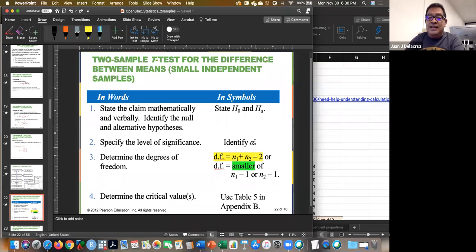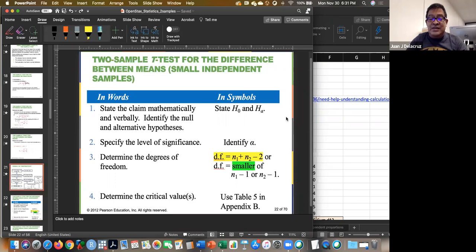We need to know the level of significance, 5%, 10%, 1%, and we have to make sure that we know how to compute those degrees of freedom. We have two different formulas for degrees of freedom, so we need to know whether the variances are equal or not equal.